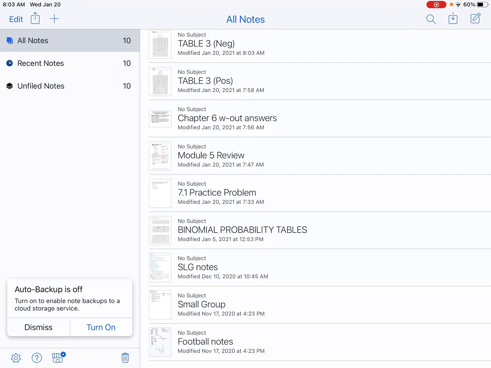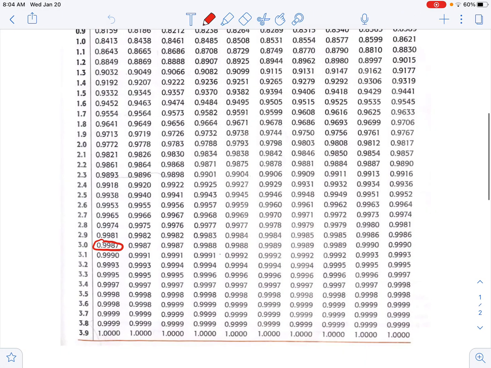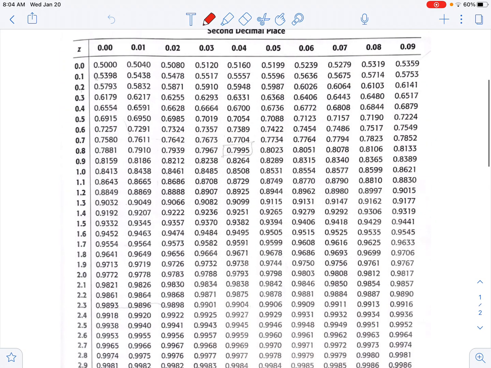So we go to the positive side. We're going to look up 0.67. As you look up 0.6 right here, we're looking for the intersection. We want 0.6 and then 7, where these two intersect. So where they intersect is right here.